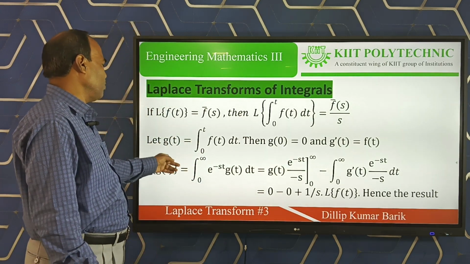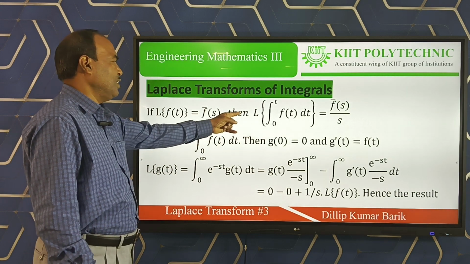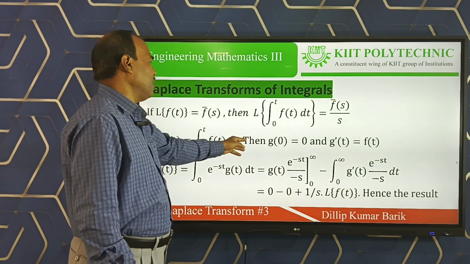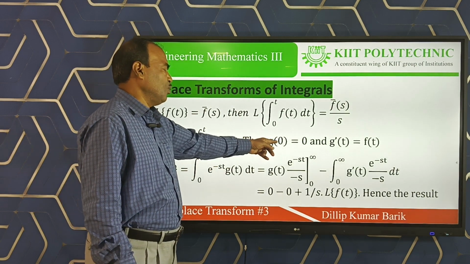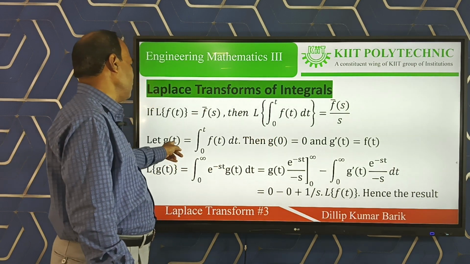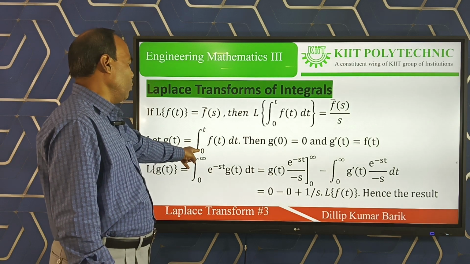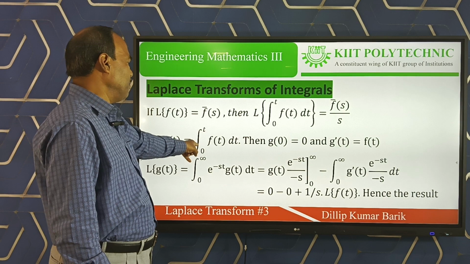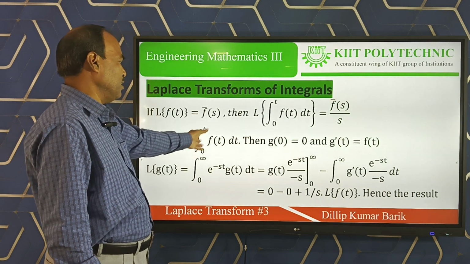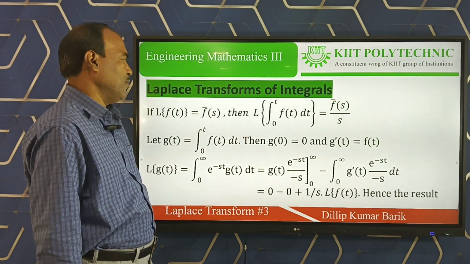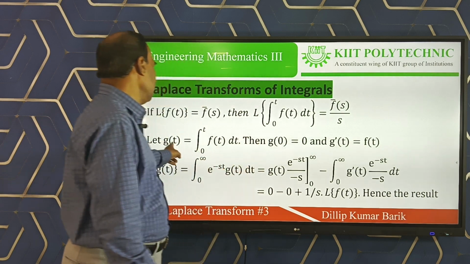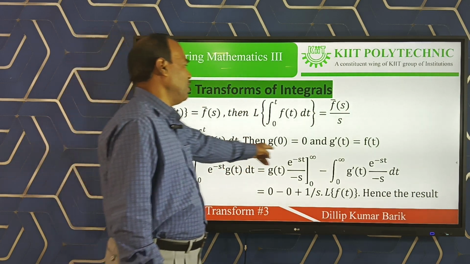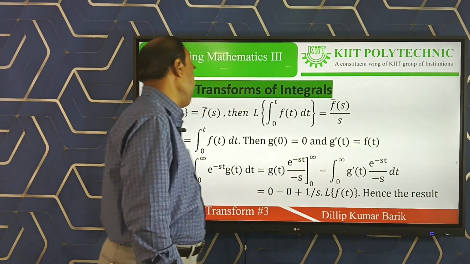And how is it possible also? Let the function g(t) be the integral from 0 to t of f(t). Then we require g(0), that means function value at 0. If I put 0 here as the lower limit, and also in place of t put 0, that means both limits are 0, this value will be clearly 0 from integration. And g dash t, since derivative and integration cancel each other, is simply f(t).